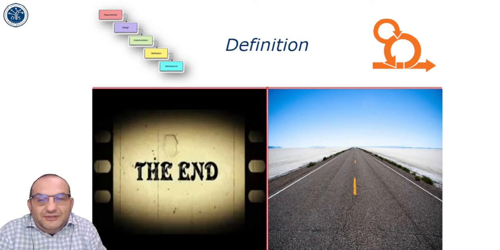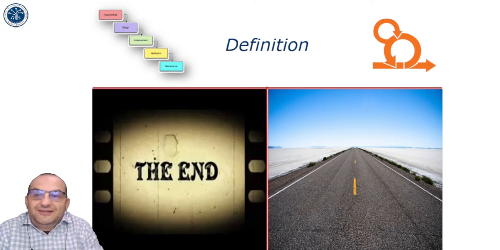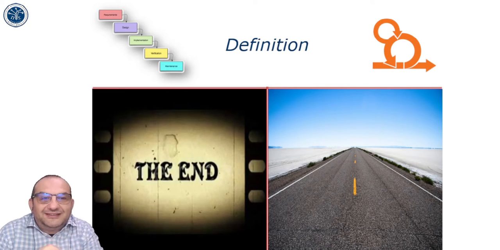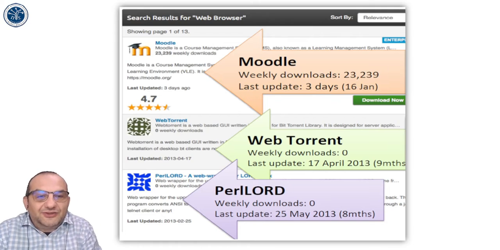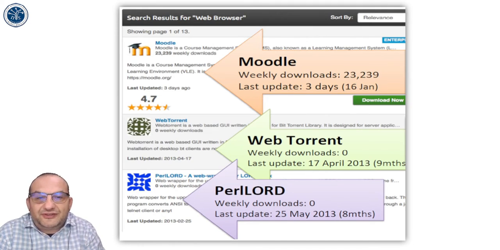Now, comparing with this, in an agile context, there is no end for a project, or if there is, the end of a project means that it is also the end of the product. Why is that? I will give you an example here. Let's compare two software applications.